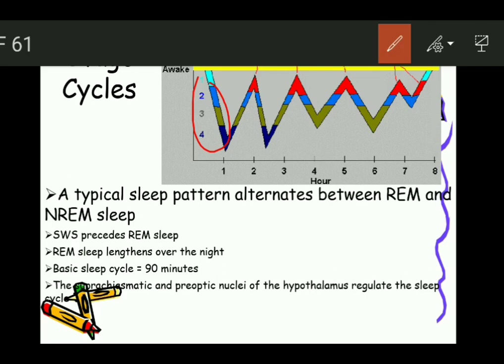And REM sleep duration increases over the period of the night. So in the morning we have more REM sleep, and this is the reason we feel we have dreams in the morning. As we have discussed, the duration of one sleep cycle, this is one cycle, is 90 minutes.